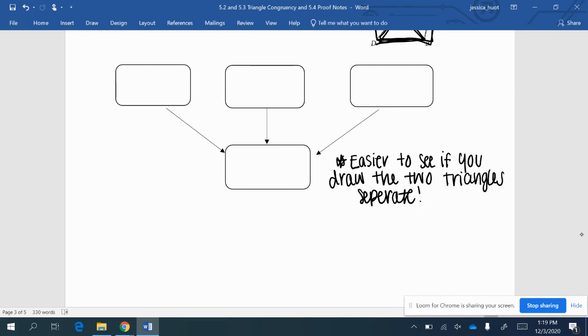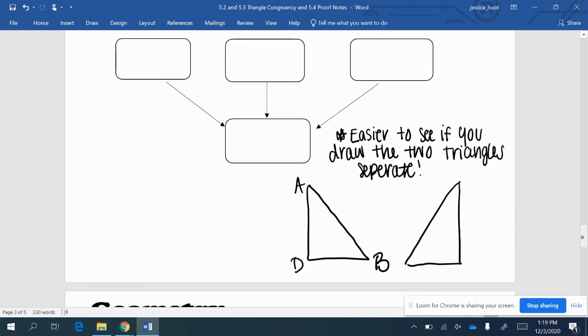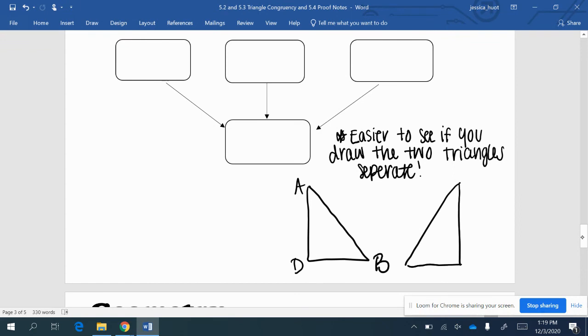So let's go ahead and do that. I'm going to draw triangle ADB, and I'm going to have triangle CBD.